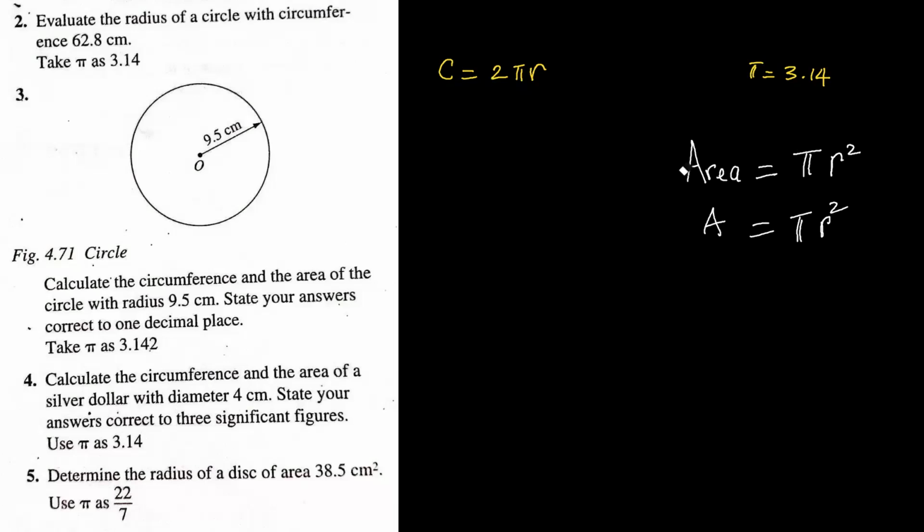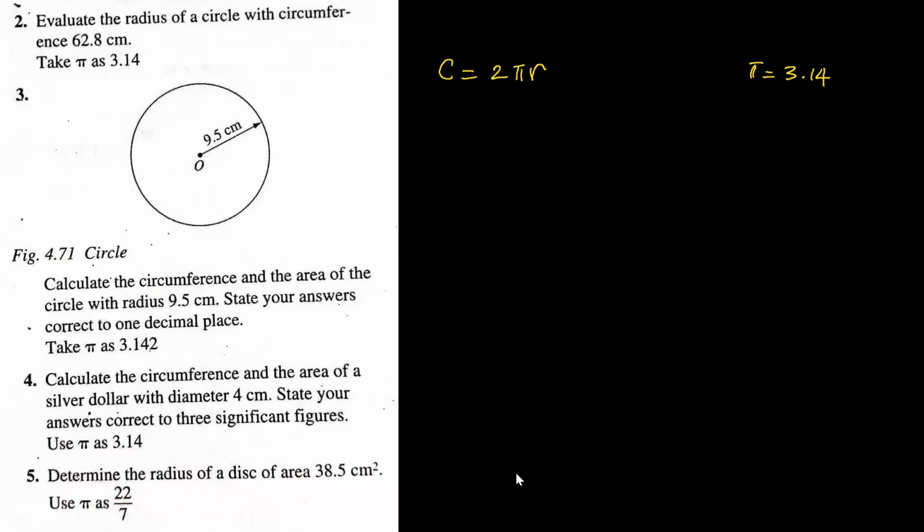I'm not dealing with the area yet. What I do to remember my formulas is I write it every time I do a question, and after a while it just comes naturally.